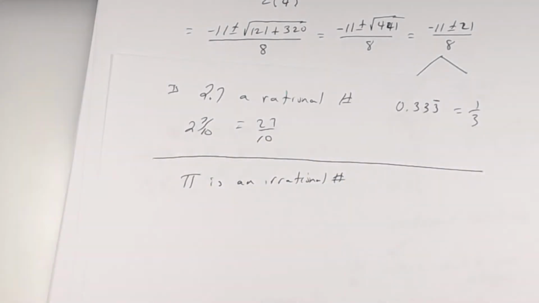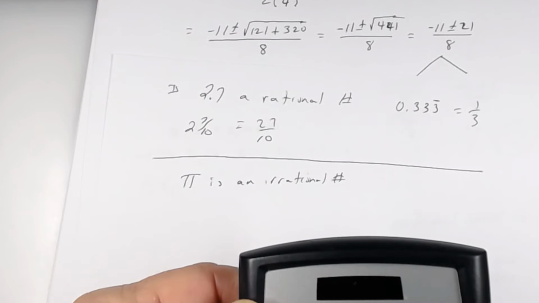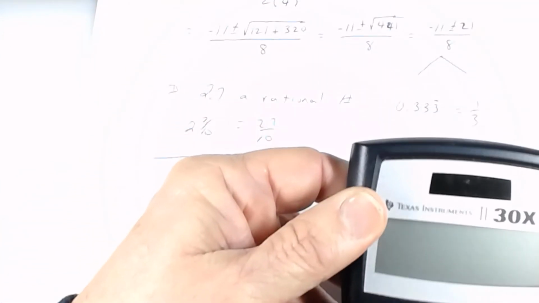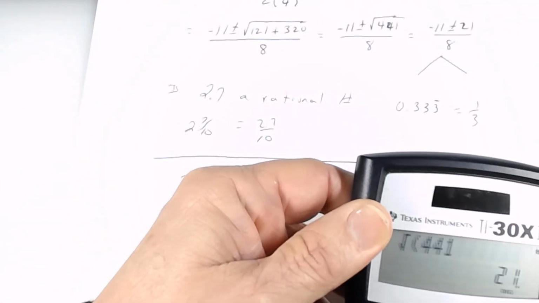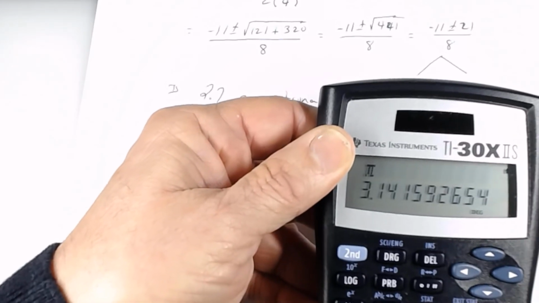So you do have a pi button on your calculator. If I can find mine. Yeah, it's right here. See right here? So if I punch that and then say equal, I get this.